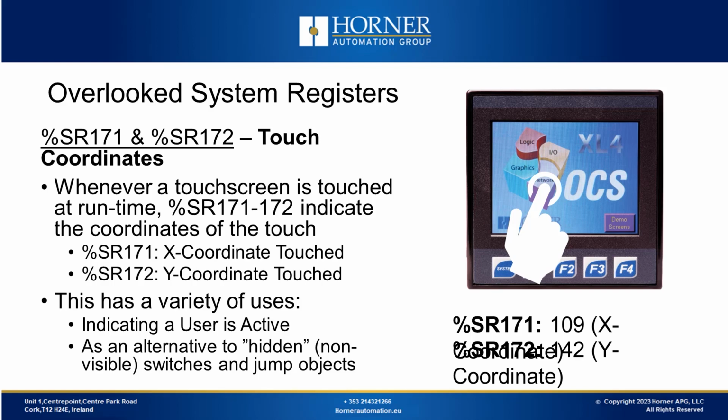These system registers have multiple uses. By monitoring SOR171 and SOR172, we can tell if the operator is currently touching the screen based on whether both registers are 0, not touching, or non-zero, touching.